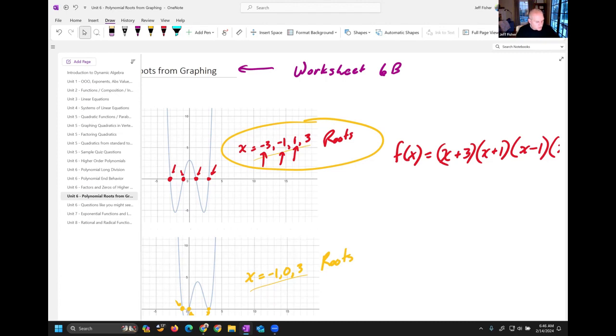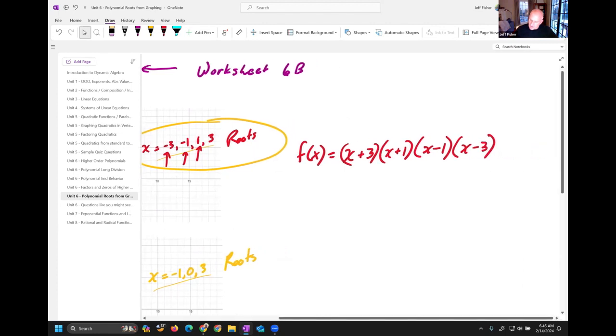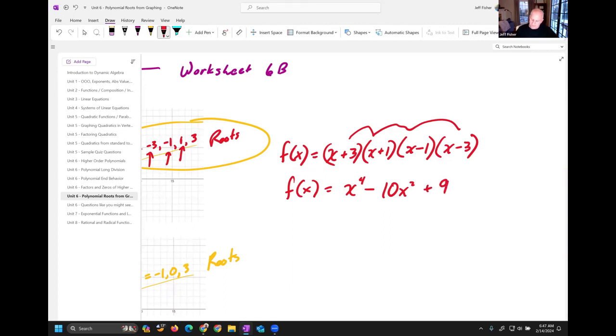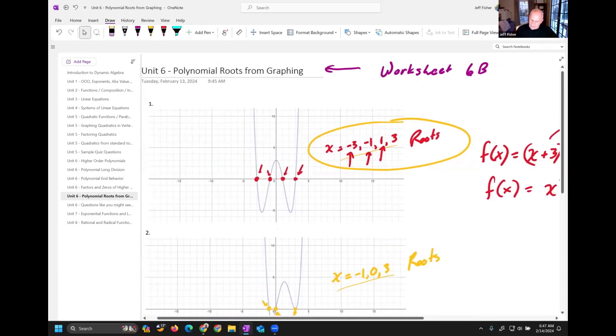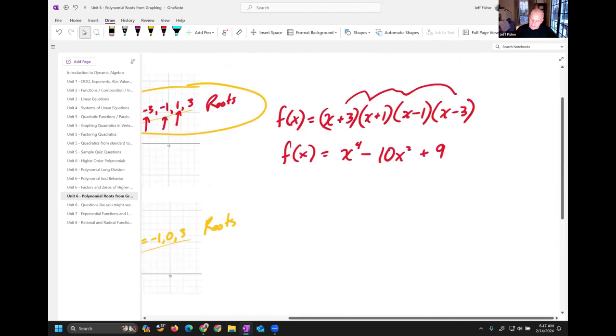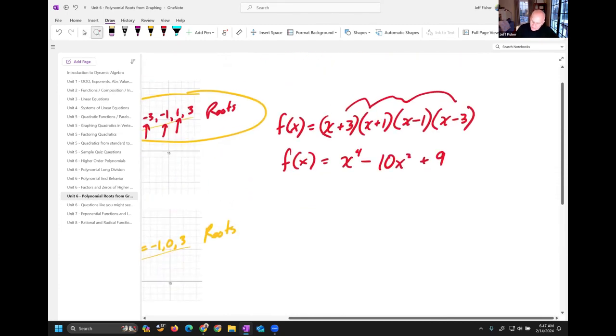Oh, wait. Yes. So if we multiply all these guys together, we're going to end up with f of x equals x to the 4th minus 10x squared plus 9. But then it tells us, let me bring this down so that we can look at this together.